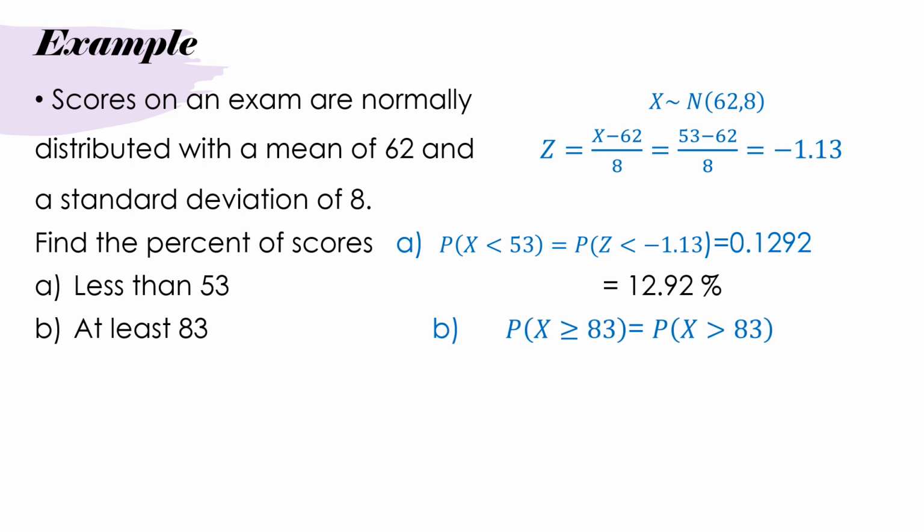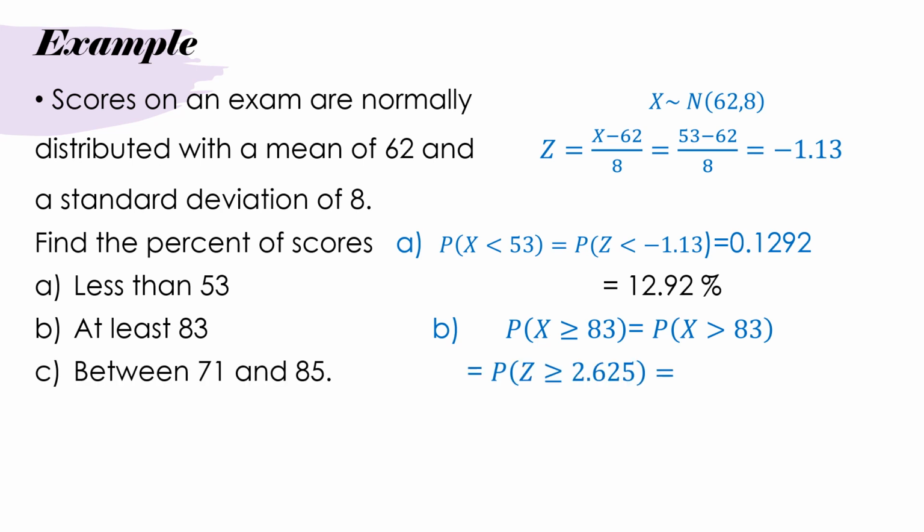If you are trying to find the percentage for at least 83, we are looking for x greater than or equal to 83, which is the same as x strictly greater than 83. Whether it is strictly greater than 83 or greater than or equal to 83 doesn't matter. The reason is the probability of x exactly equal to 83 is always 0.